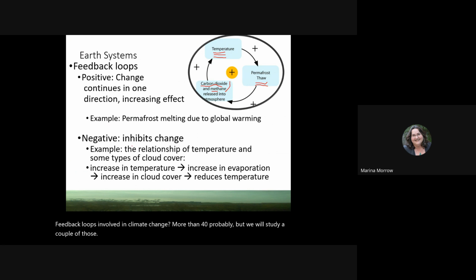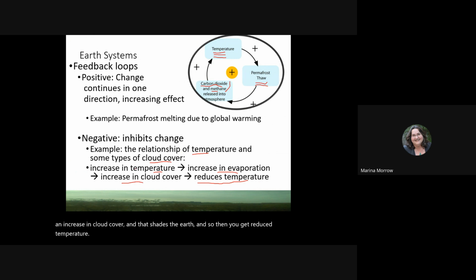Okay, now negative feedback loops can inhibit change. So one of the things that people were trying to figure out is how big would be the feedback loop, the connection between temperature and cloud cover. So you increase the temperature, that causes an increase in evaporation. That should cause an increase in cloud cover, and that shades the earth, and so then you get reduced temperature.